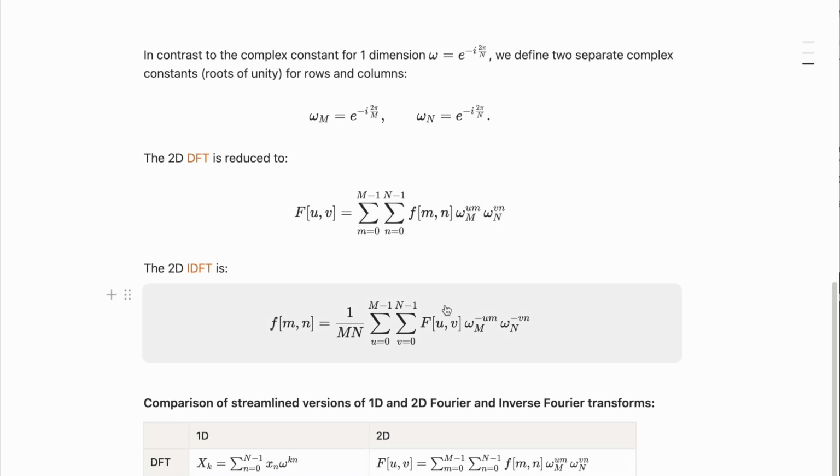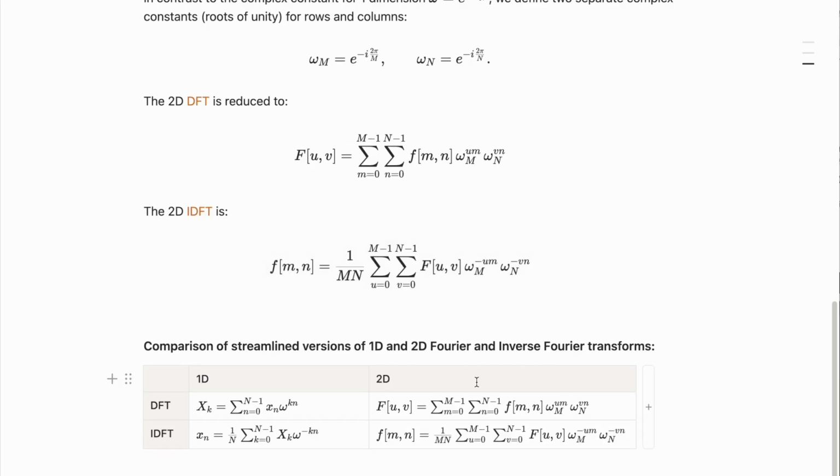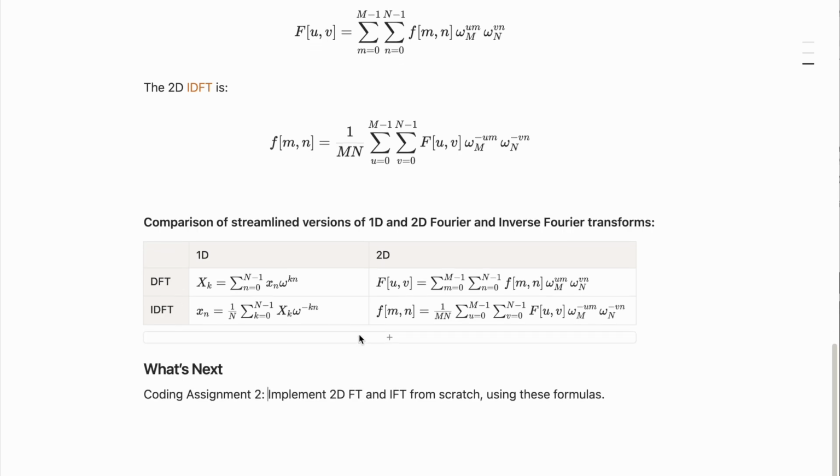And just like before, the inverse discrete Fourier transform has an extremely similar structure, except that here the exponents have negative coefficients, and then we normalize the sum by dividing by the number of pixels. And this is a comparison of 1D and 2D forward and inverse transforms.